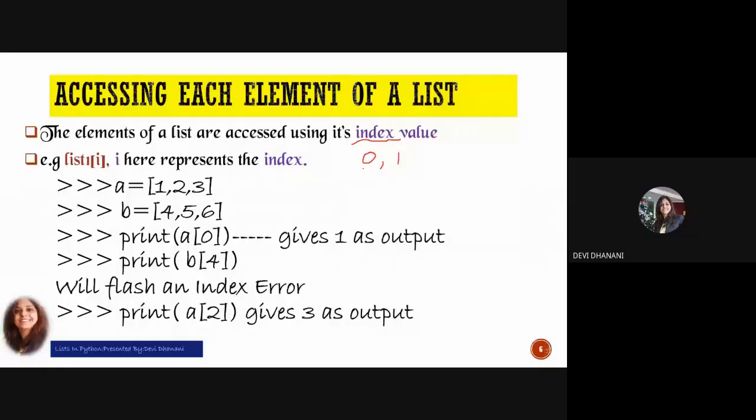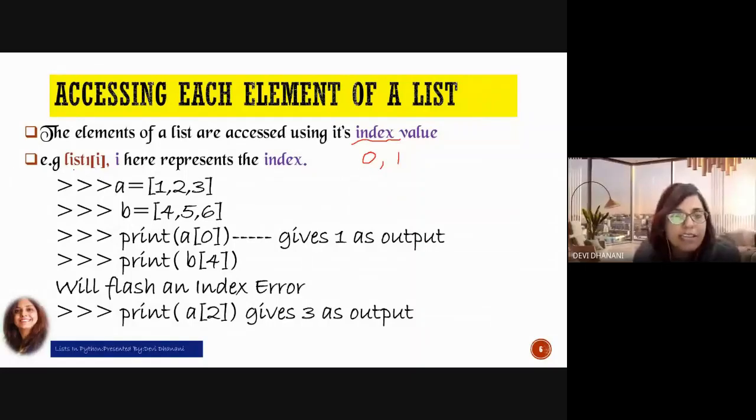So just like strings, we can access the elements of a list using the index value. Let's say we have a list A. It has elements 1, 2, 3. We have another list B. Using the square brackets, we have defined the elements 4, 5, 6.